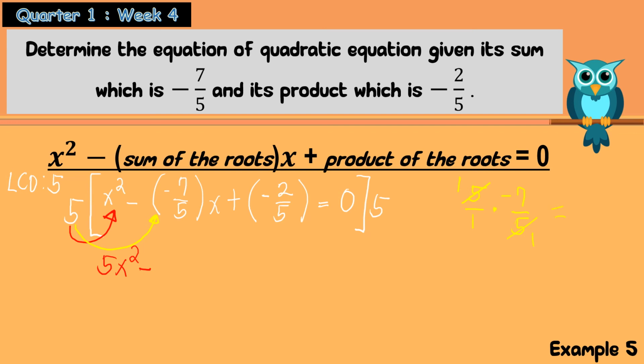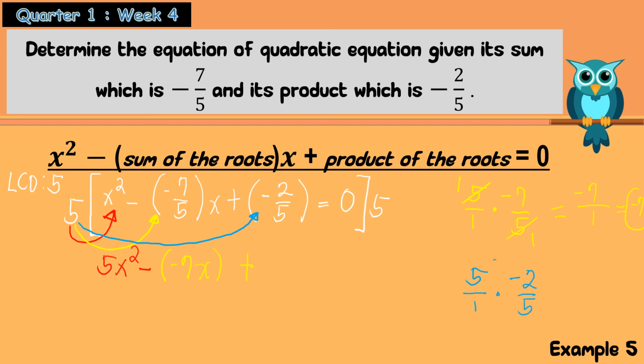So, let us simplify. 1 times negative 7 is negative 7, all over 1 times 1, which is 1. So whenever we simplify negative 7 over 1 as a whole number, you get negative 7x. Okay? Plus, we're going to also multiply our last term, 5 by negative 2 over 5.